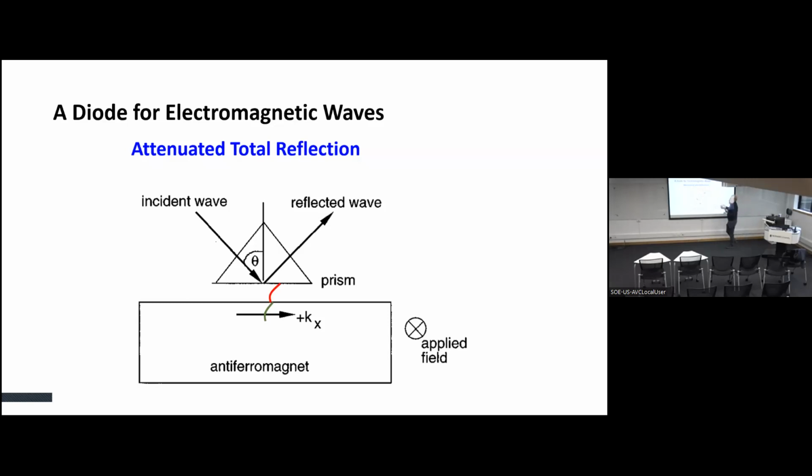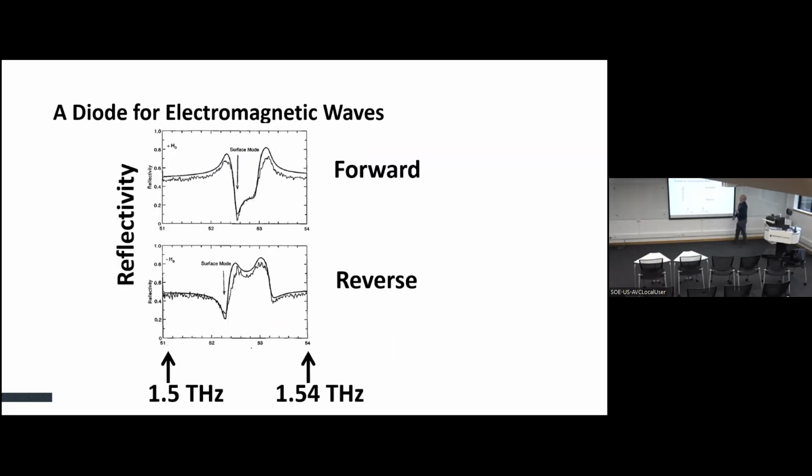And so what you then get is maybe a slightly more sensitive scheme where the reflected wave really sees the surface waves. If you do that, again, here's forward, here's reverse. You can see they really look quite different in this case. And those are the surface mode regions here, and you can see they are physically located at different frequencies.